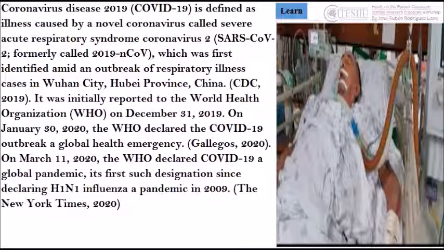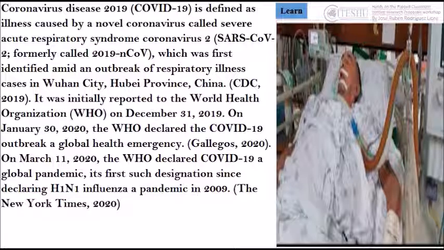Coronavirus disease 2019, COVID-19, is defined as illness caused by a novel coronavirus called severe acute respiratory syndrome coronavirus 2, SARS-CoV-2, formerly called 2019-nCoV, which was first identified amid an outbreak of respiratory illness cases in Wuhan City, Hubei Province, China (CDC, 2019).